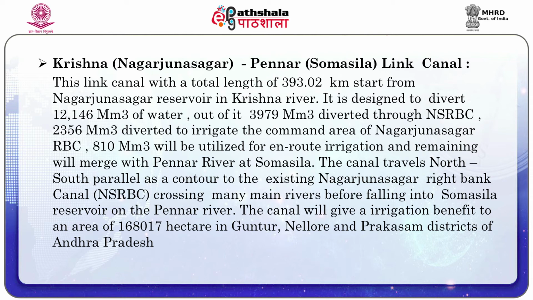The link canal is designed to divert 1,146 million cubic meters of water, out of which 3,979 million cubic meters is diverted through NSRBC, 2,356 million cubic meters is diverted to irrigate the common area of Nagarjuna Sagar RBC, and 810 million cubic meters will be utilized for en route irrigation, and the remaining will merge with the Pennar river at Somasila.